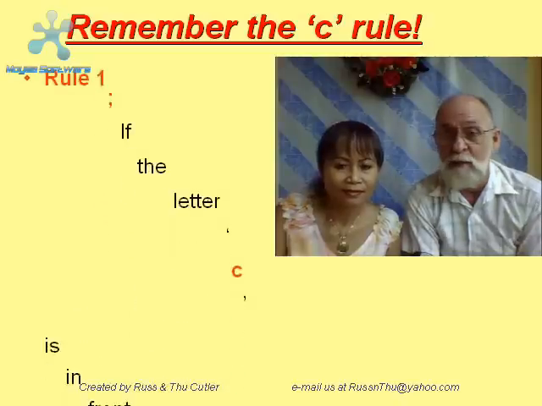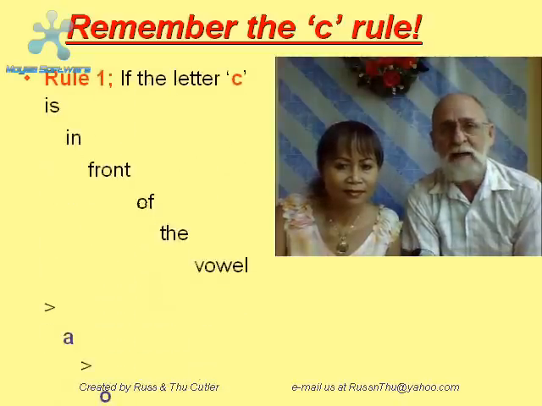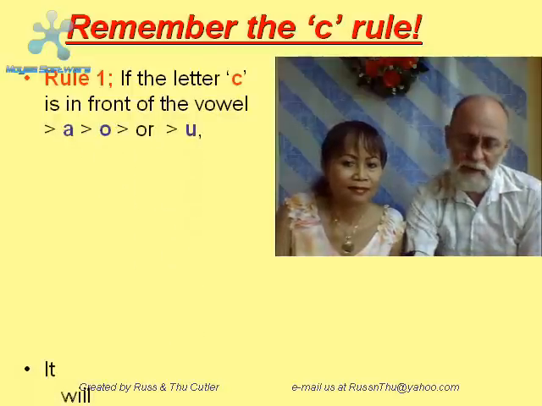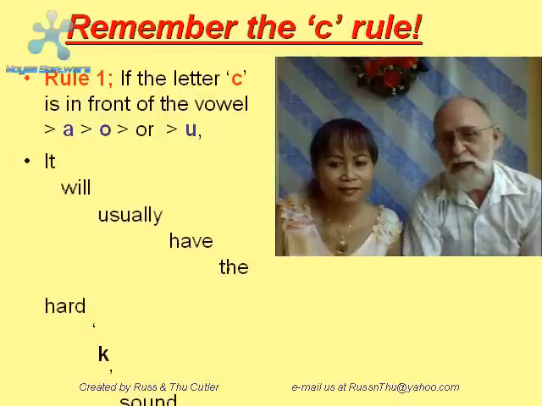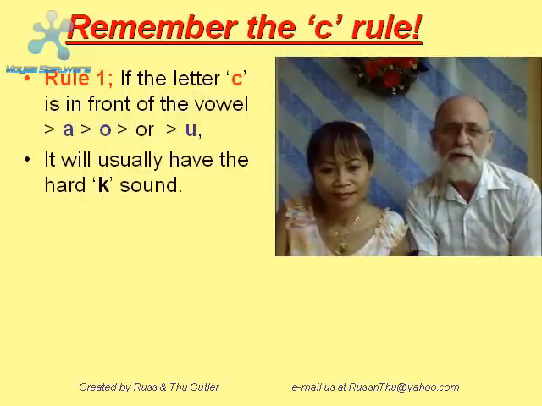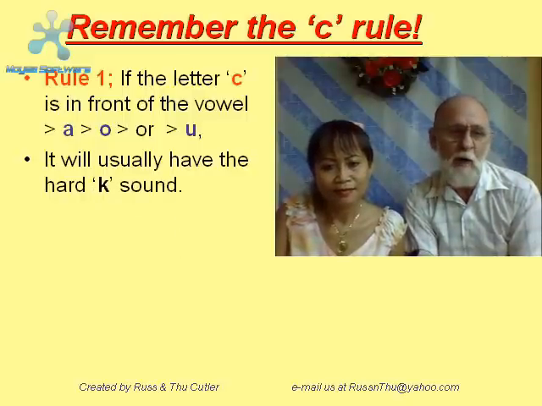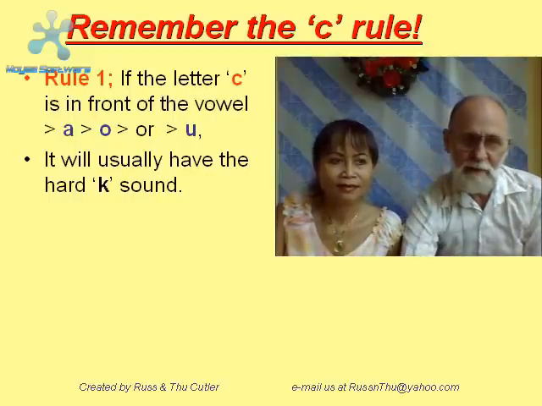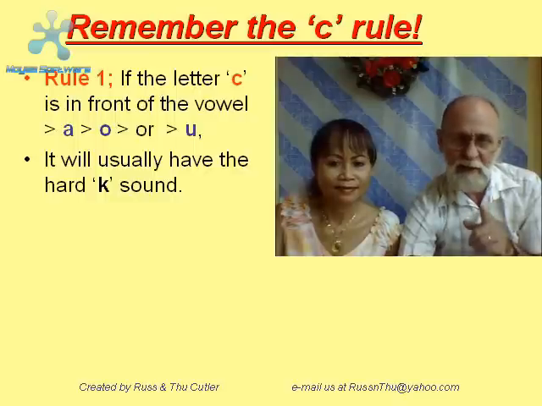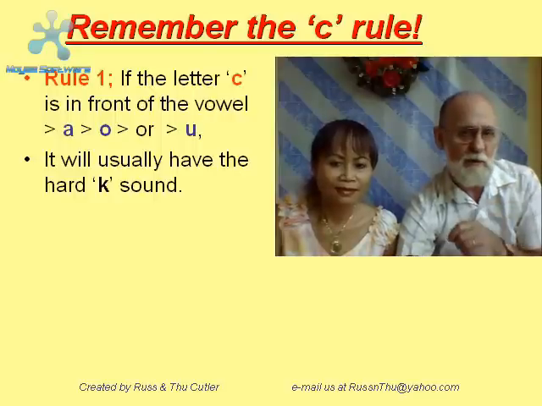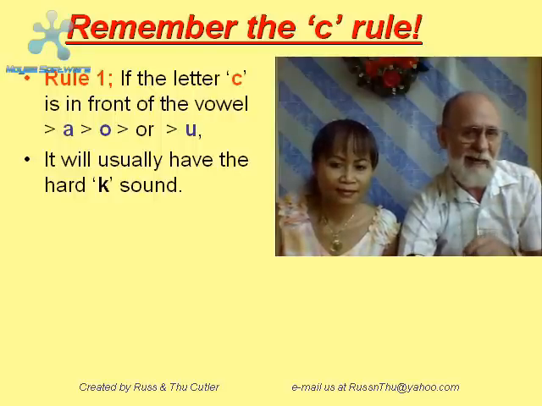It can sound like a K, and it can sound like an S. So the first rule, if the letter C comes before the vowels A, O, or U, it will usually have the K sound. Okay? So read that carefully. If the letter C comes in front of the vowels A, O, or U, it'll have the K sound.